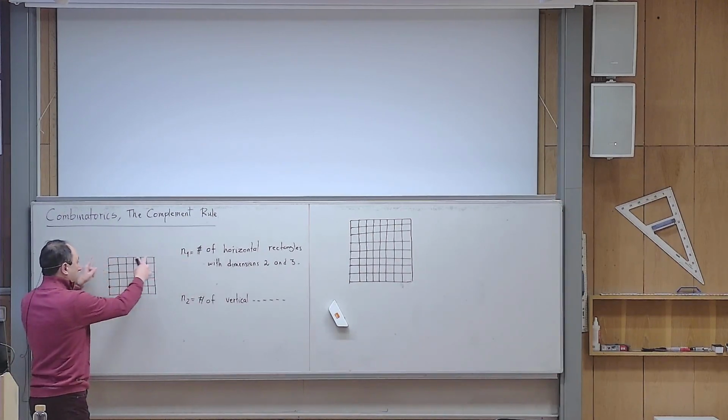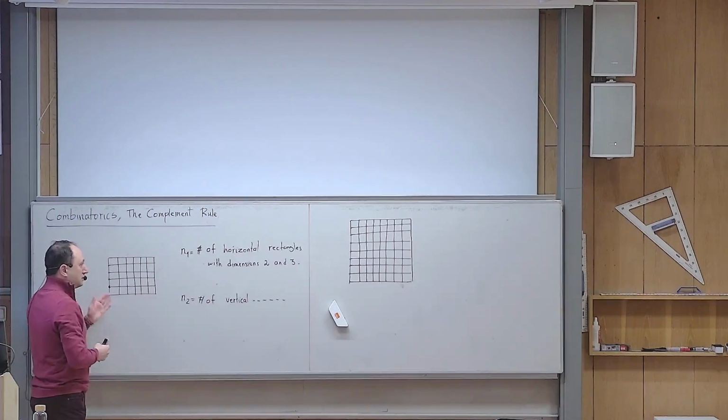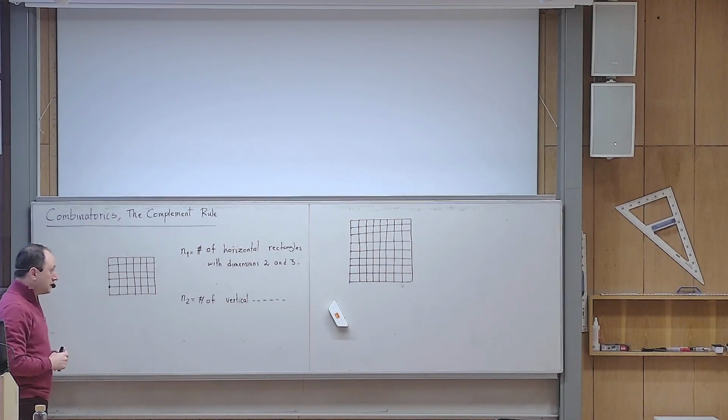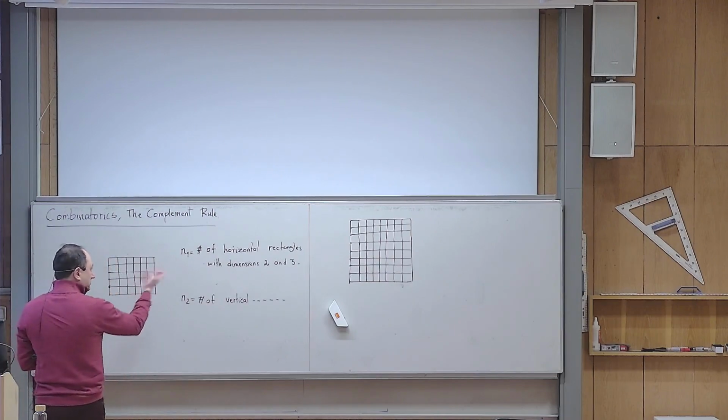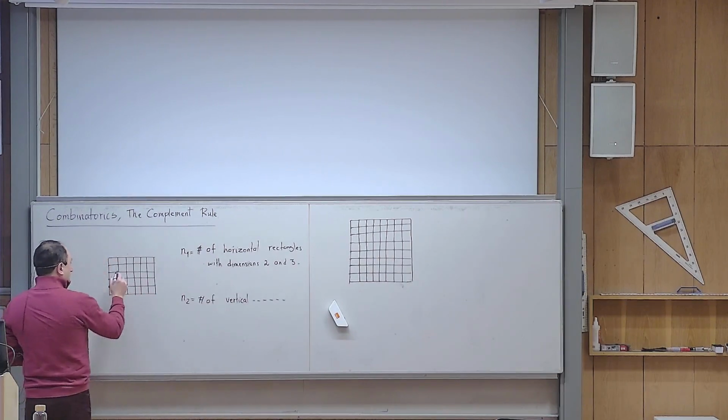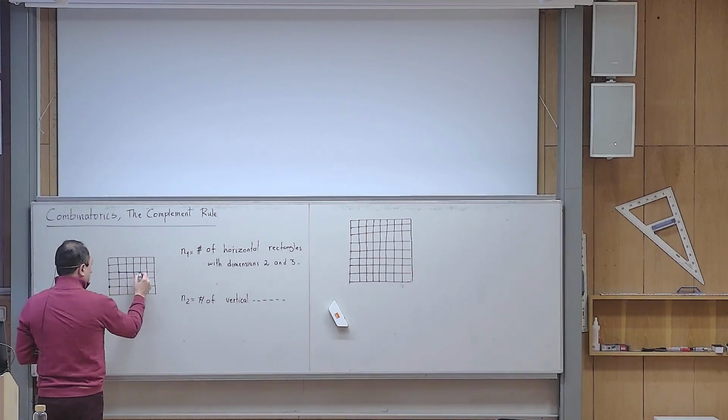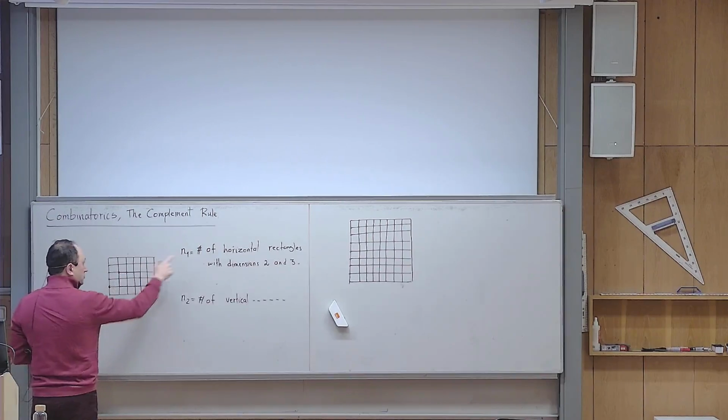Of course, I have given the dimensions of this rectangle not that very big, but if the dimensions grow, then you need to have a good strategy in calculating the number of demanded rectangles. So how should I do that? I would prefer to draw one of them as a representative. So I want to have a rectangle of dimensions 2 and 3, and to be horizontal.